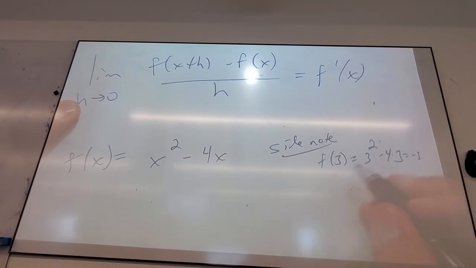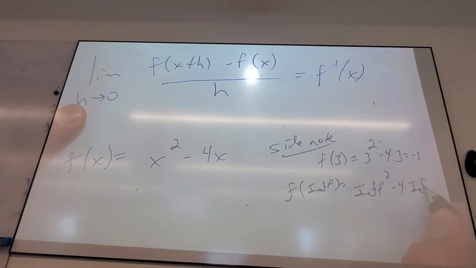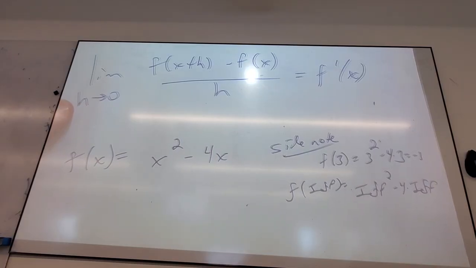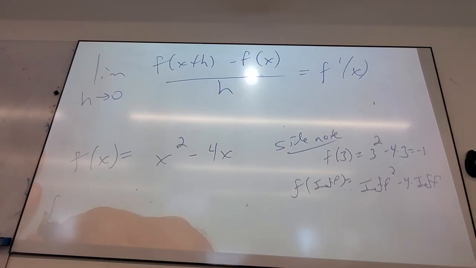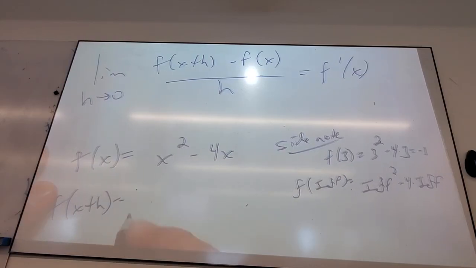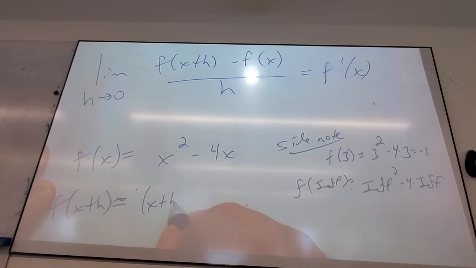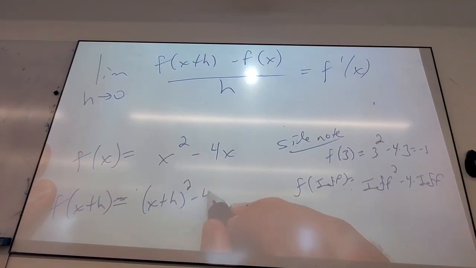Good. What is f of Jeff? Jeff squared minus 4 times Jeff, yes? Sorry. Which equals, who knows? So what is f of x plus h? x plus h squared minus 4 times x plus h.